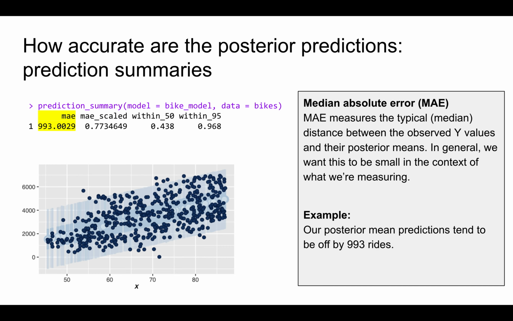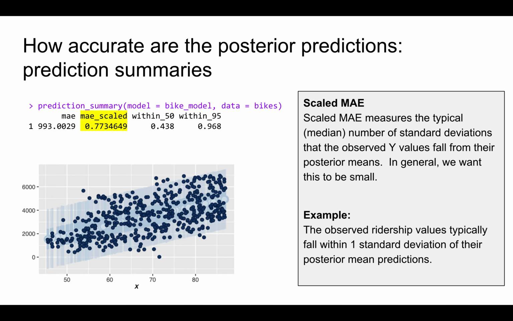Whether this is a big or small number depends upon the context. In this example, the observed ridership only ranges from roughly 0 rides down here to roughly 6,500 rides up here. Thus, a prediction error near 1,000 riders on this scale seems pretty big. Next, the scaled MAE takes into account the scale or spread of the posterior predictive models.